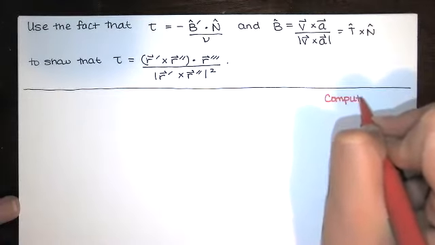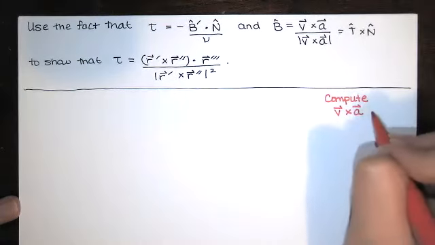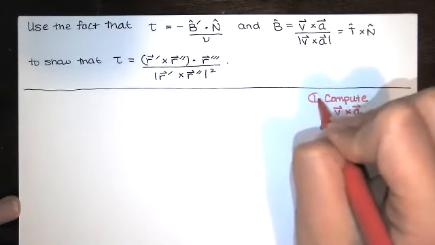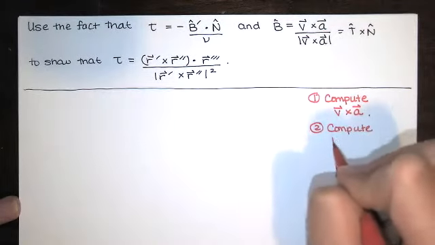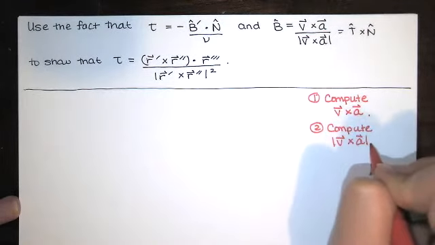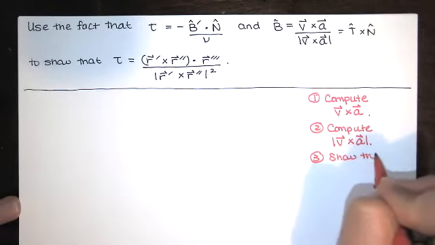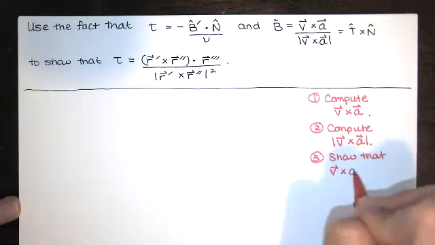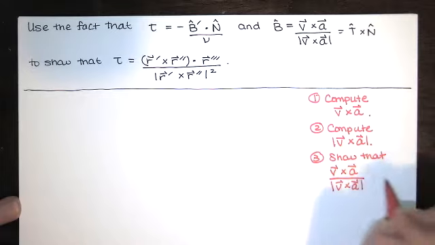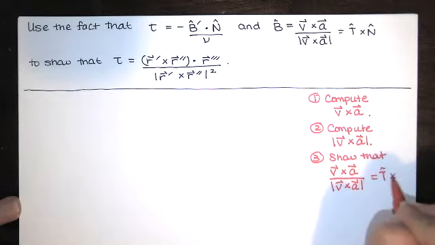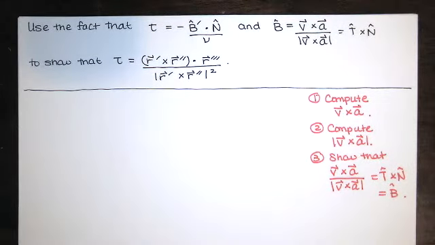So we're going to compute this, and we'll compute its magnitude. And then we'll use those two facts to show that this cross product of the velocity with the acceleration divided by its magnitude is actually equal to t hat cross n, which is our definition of b hat, or that binormal vector.